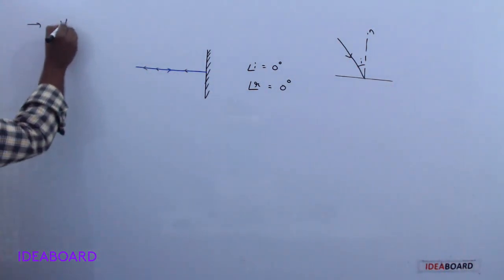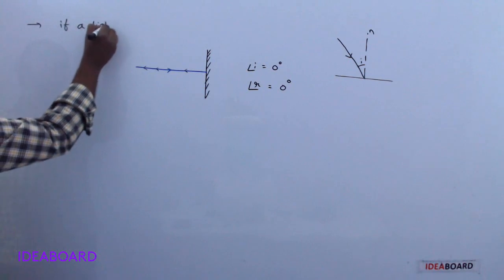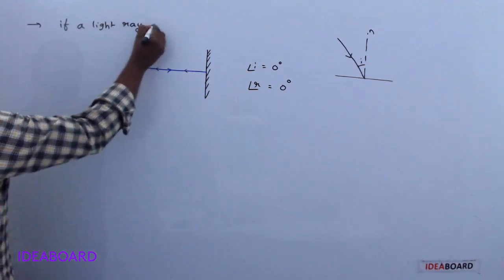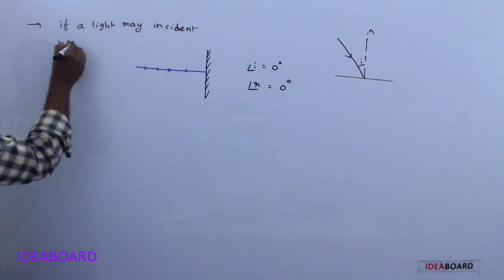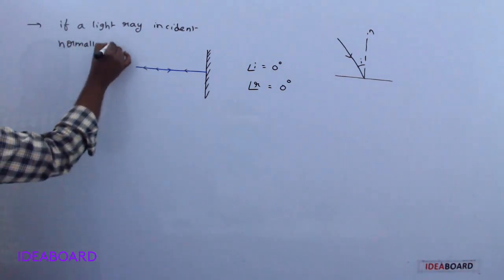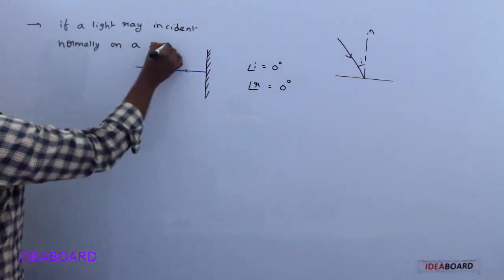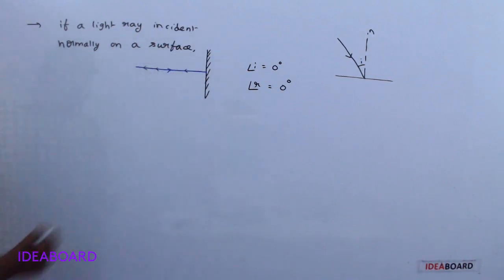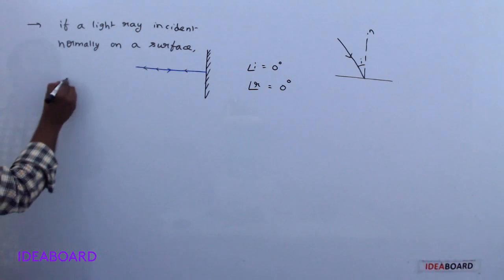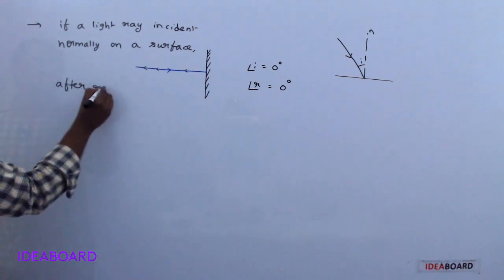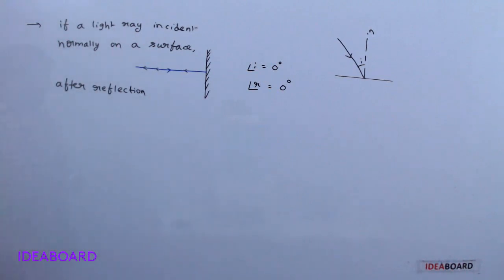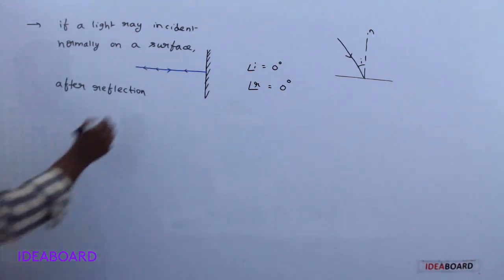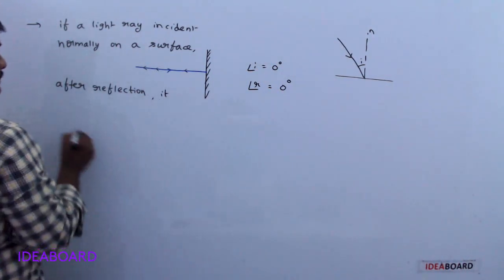If a light ray is incident normally on a surface, then after reflection it retraces its path.